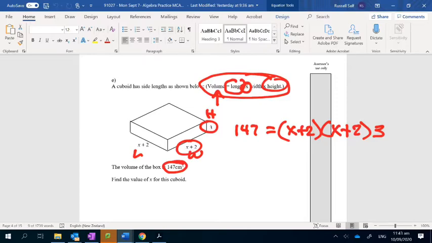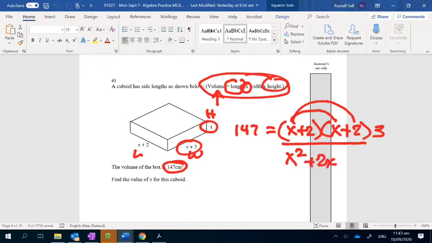And remember, we've talked about this. If you're multiplying, and you have a bracket times a bracket, then you should do the brackets first. And then we'll deal with the 3. So what's x times x make? What's x times positive 2 make?